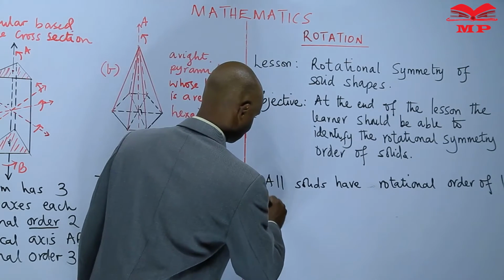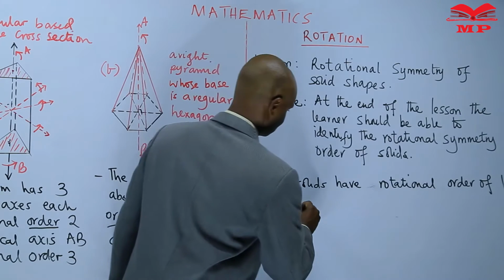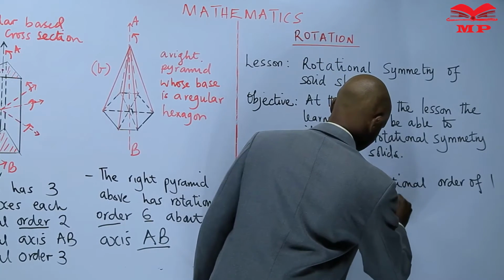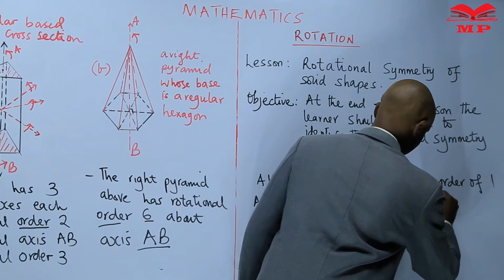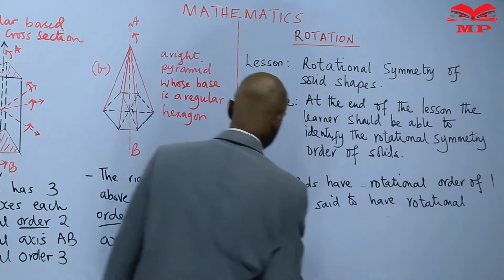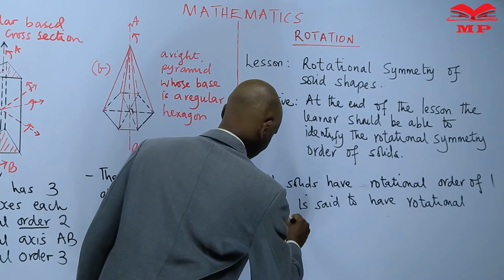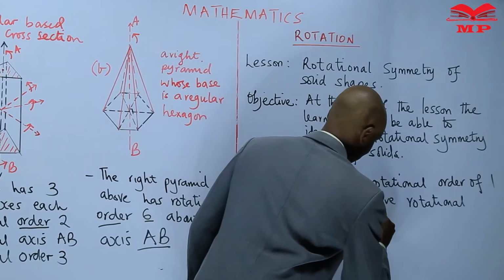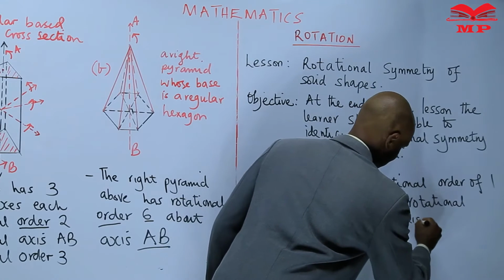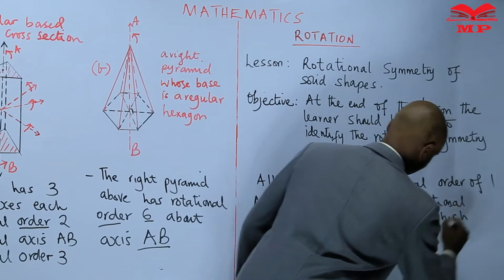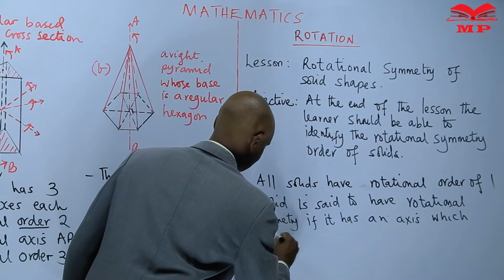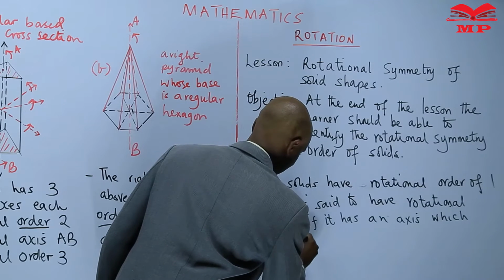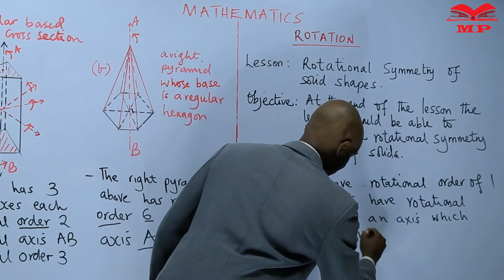A solid is said to have rotational symmetry if it has an axis which has an order more than one.